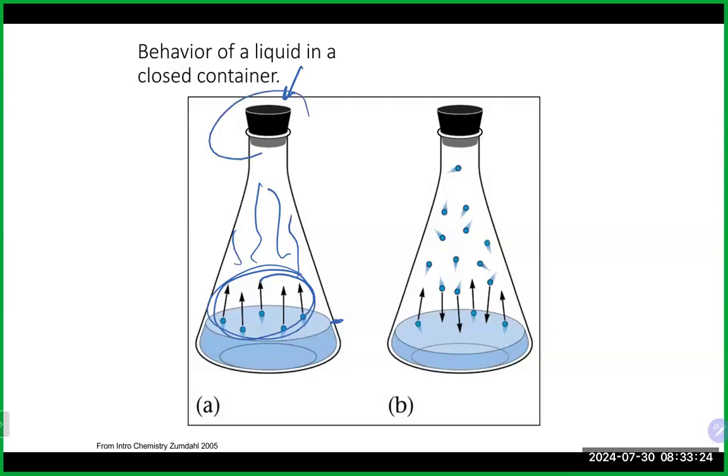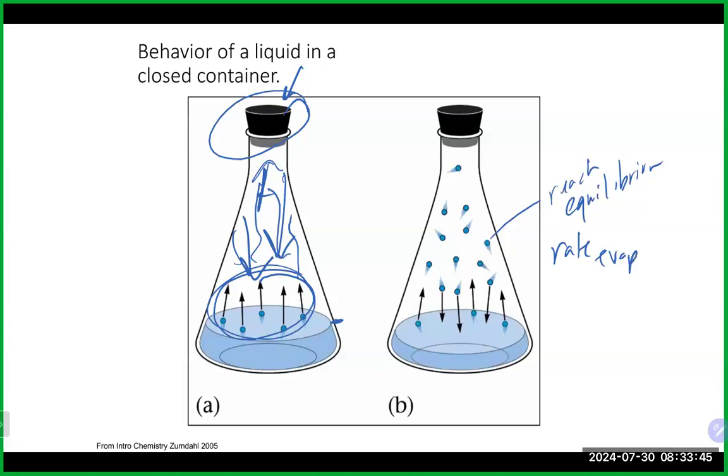But with the lid there, they have no escape route, which means you will then get some molecules heading back in the opposite direction, going through condensation. At some point, it will reach equilibrium. And that's where the rate of evaporation will equal the rate of condensation.